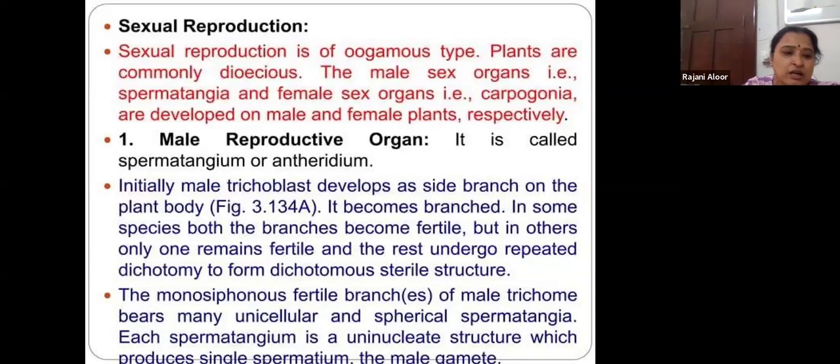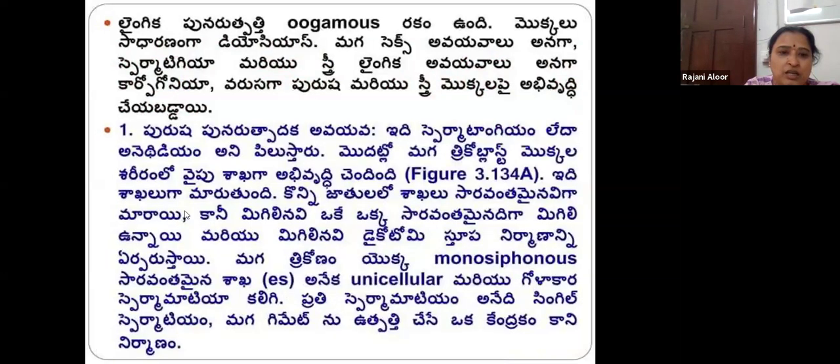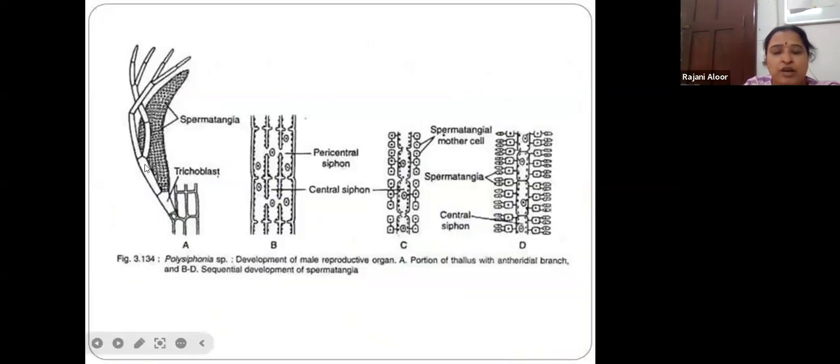Here, initially, the male trichoblast develops. You can observe this in the picture. The trichoblast is a small developed branch, and these trichoblasts bear the sex organs.